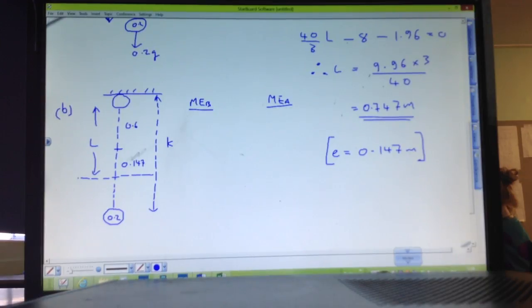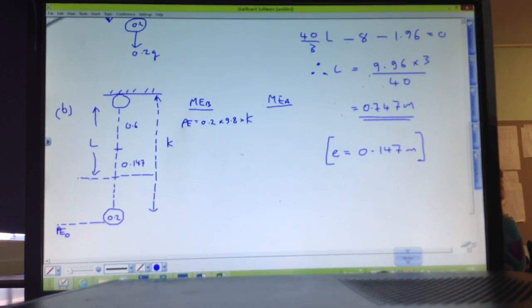Now I will put on here the lowest point, a dotted line, and I always call it, and you should call it, PE with subscript 0. My potential energy is equal to mgh, so 0.2 times 9.8 times h, the height, which is going to be k.